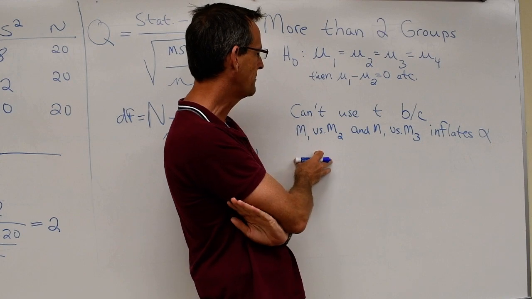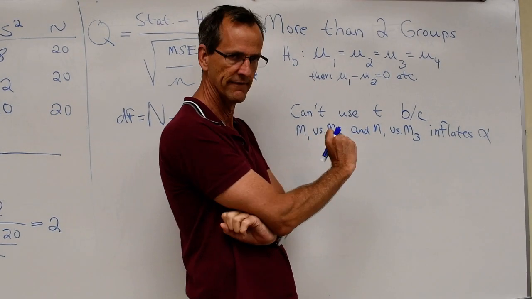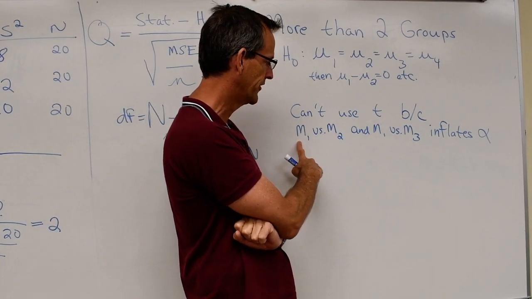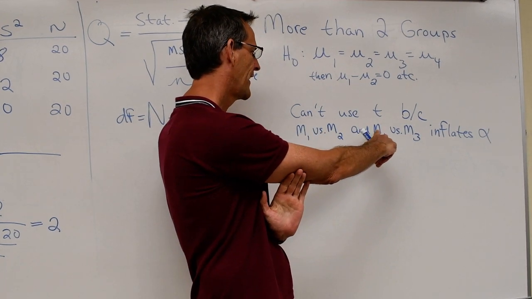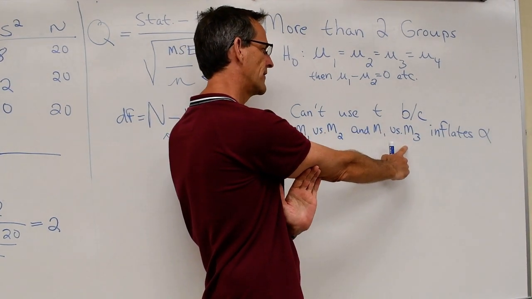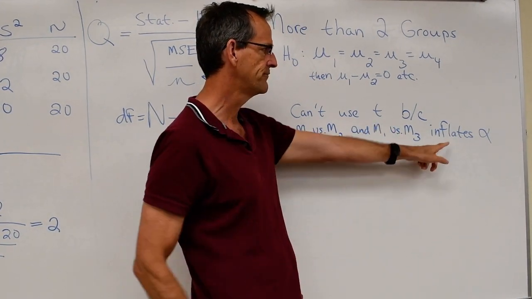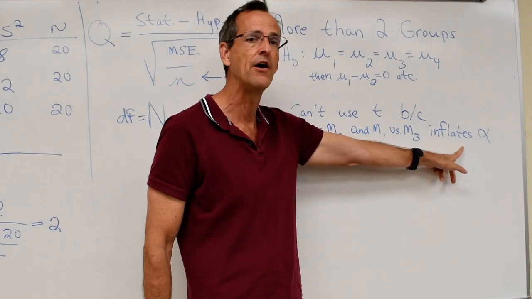So, for example, let's say we look at 3 of them. What if we wanted to compare our first group to our second group, but we also wanted to compare our first group to our third group? The problem with this is that it inflates the type 1 error rate, or it inflates alpha.